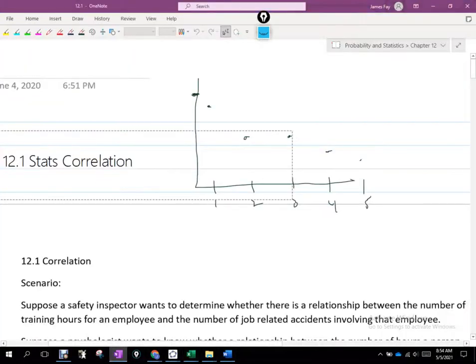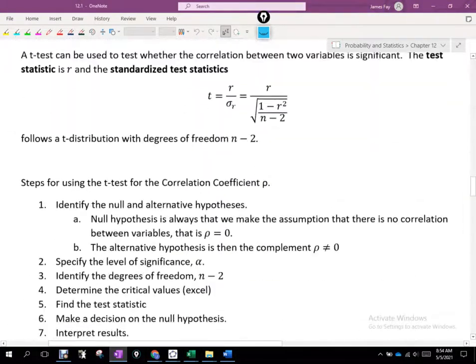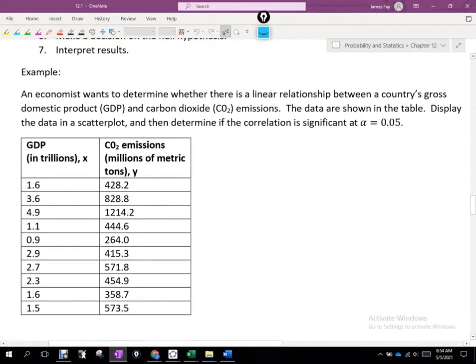So what the question is asking: an economist wants to determine whether there is a linear relationship between a country's gross domestic product and carbon dioxide emissions. The data are shown in the table; display the data in a scatter plot, and then determine if the correlation is significant.